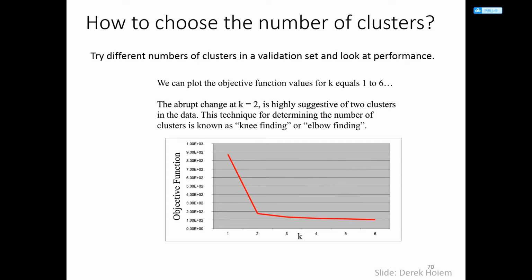It's not easy to design the objective function, but let's say you have determined some objective. You look at whether you have a clean knee or elbow corner. In that case, probably k equal to 2 is a good one. Your objective cost improves a lot from 1 to 2, and then doesn't change much afterward.